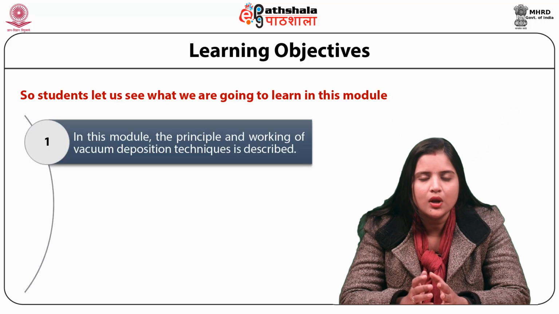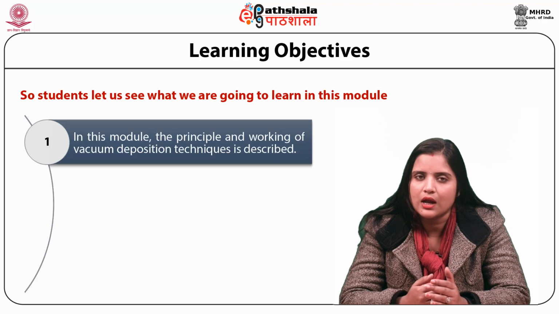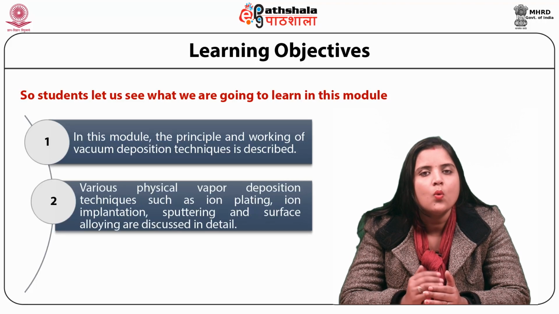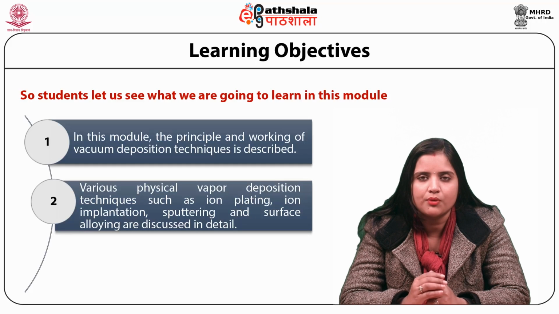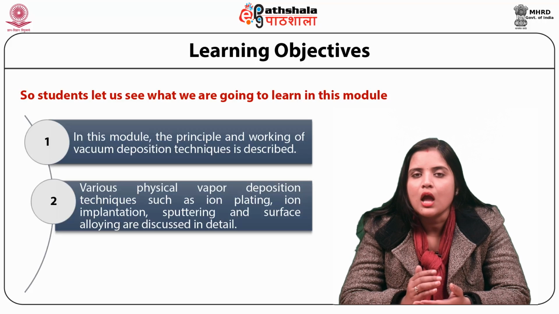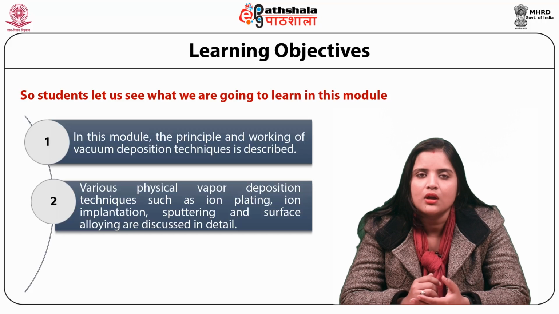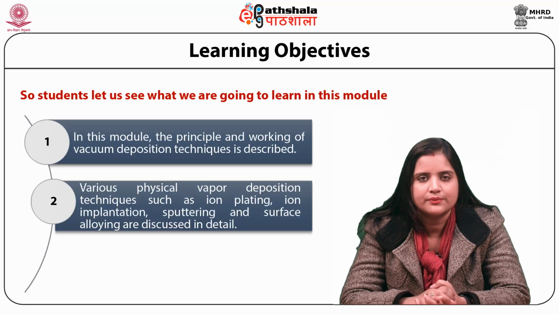In this module, the principle and working of vacuum deposition techniques is described. Then, various physical vapor deposition techniques such as ion plating, ion implantation, sputtering, and surface alloying are discussed in detail.